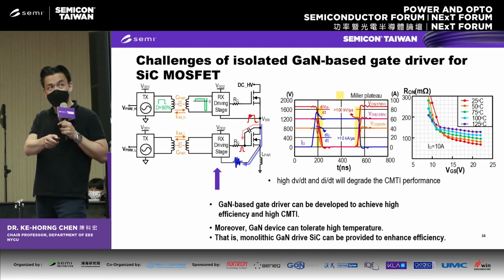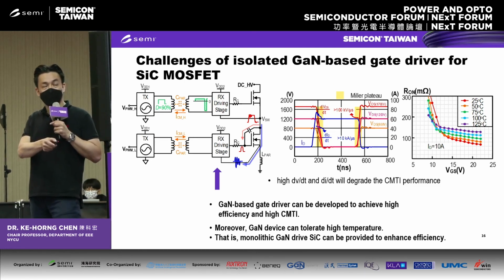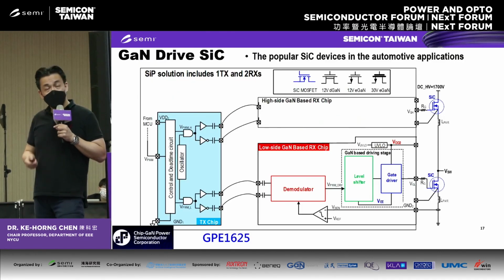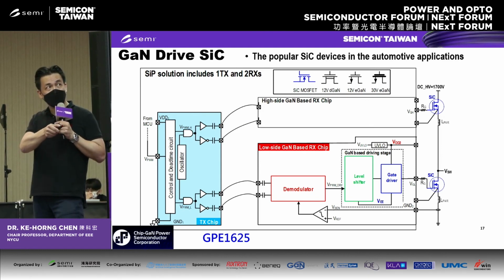For the CMOS, it has a large dV/dt and dI/dt. It will cause abnormal operation and large CMTI problems. So if we want to reduce these problems, we can have a SIP solution.